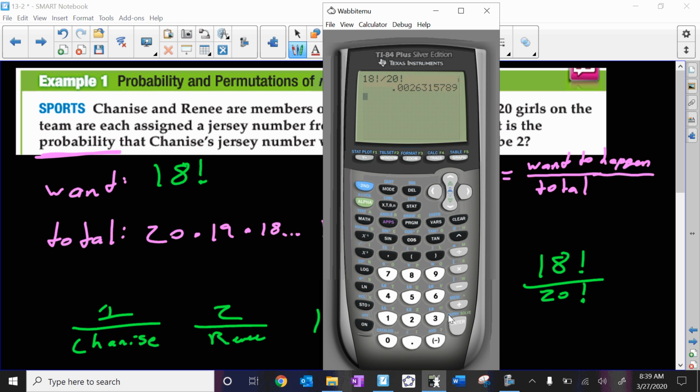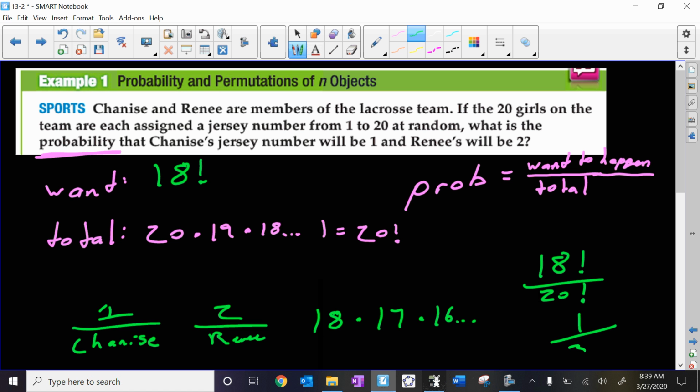It's going to get you a decimal when you do this. I'd really recommend that you turn it to a fraction. For me, I'm going to go math and then fraction, and it's going to get me 1 over 380. That would be my probability for this scenario.